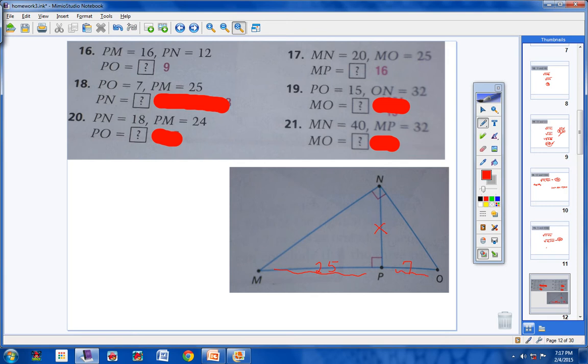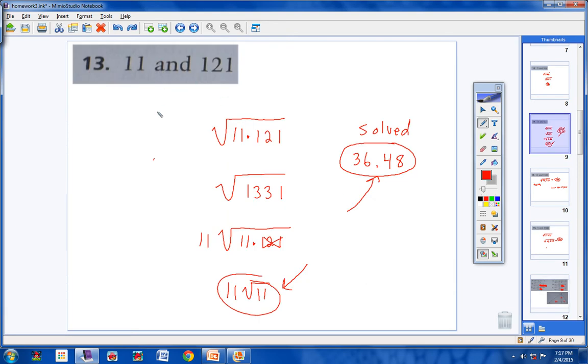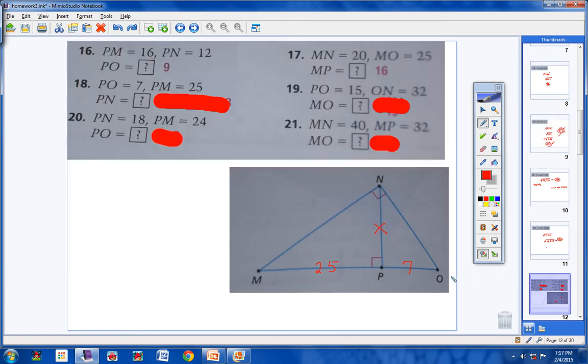So really, we're just finding the geometric mean of these two numbers. Well, isn't that what we did right back here? You were given two numbers, and you found the geometric mean by multiplying them and taking the square root of them. So it's the same thing here. I want to find the geometric mean of these two numbers. So the square root of 25 times 7, which of course would be 175.